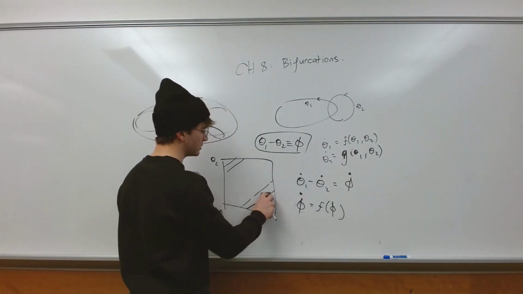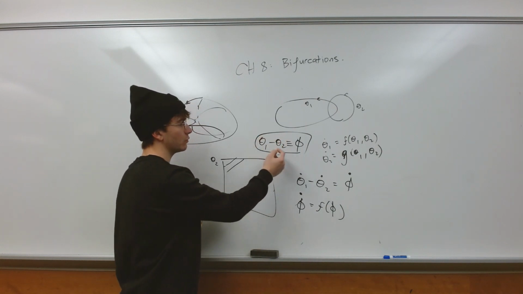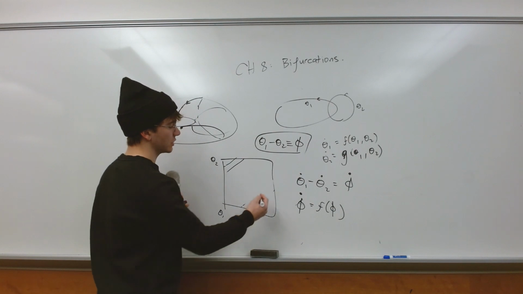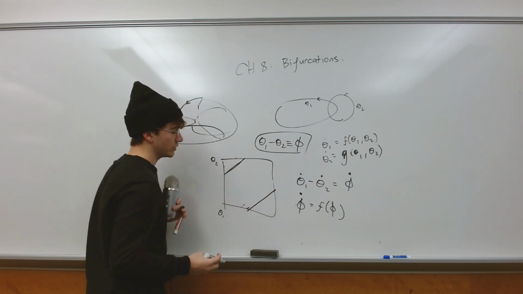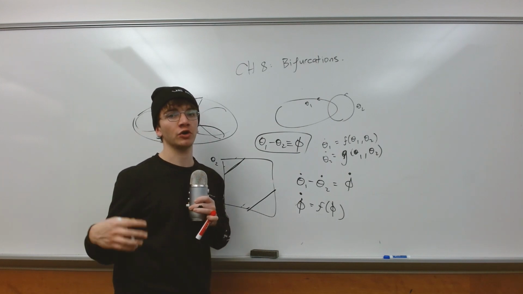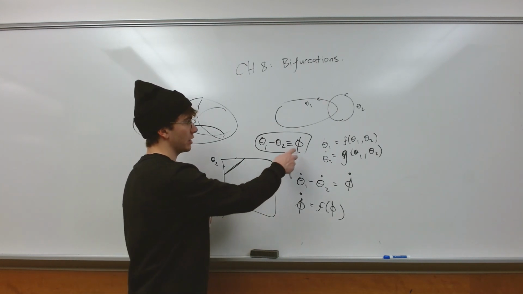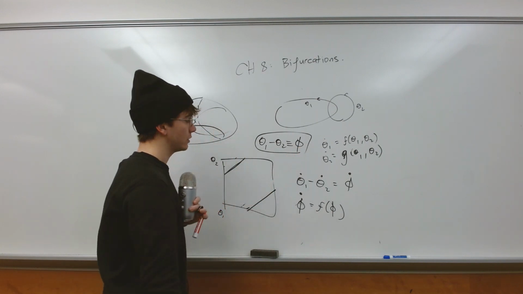Then what will happen is the system will become phase locked. So theta 1 minus theta 2 will be a constant. And so that is going to correspond to these vertical solutions in the magic rectangle, which are basically periodic or quasi-periodic orbits, depending on if the phase difference is a rational multiple of 2 pi.